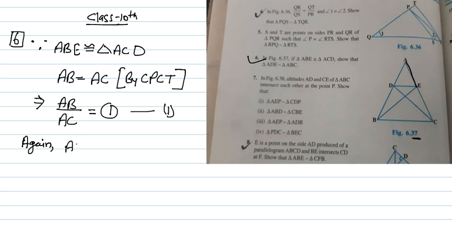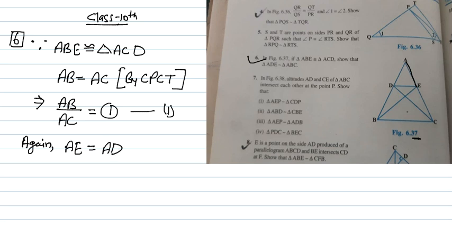AE will be equal to AD. Triangle ABE is congruent to ACD, so this AE directly corresponds to AD.